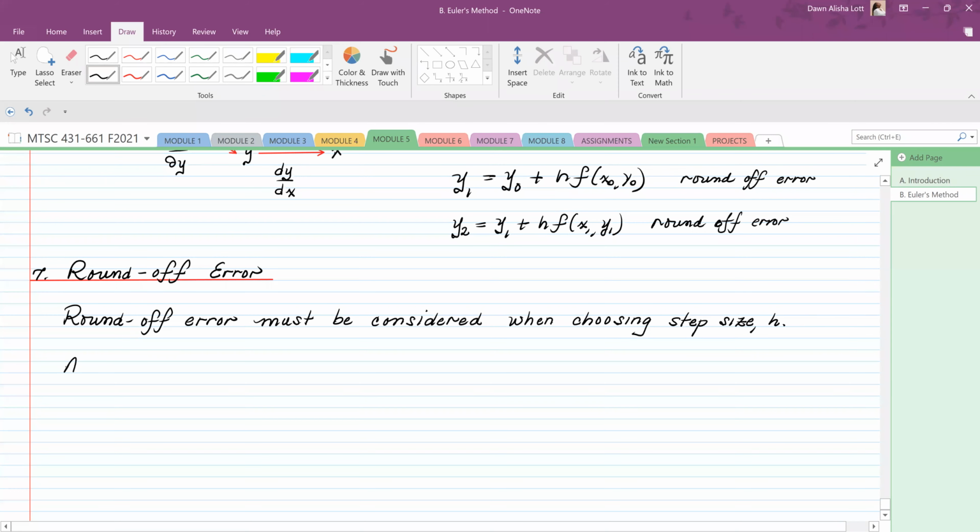As h becomes smaller, more calculations are necessary, and more round off error is expected.